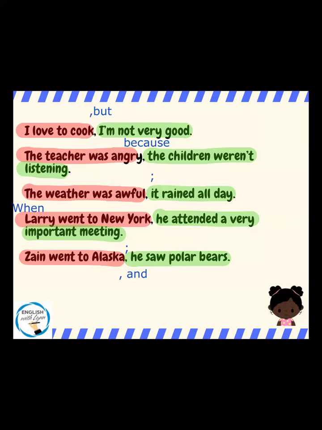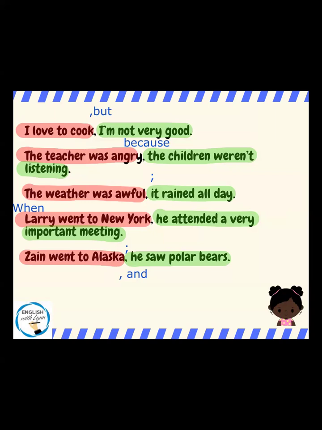So with that particular sentence, there are a couple of different ways of doing that. Comma splices are slightly easier to spot because you have the comma in between the two main clauses, and a comma splice is also a type of run-on sentence.